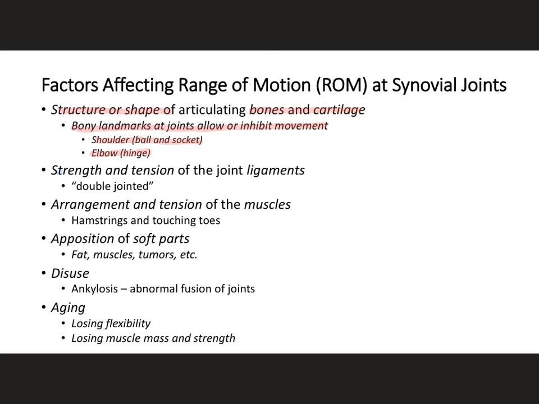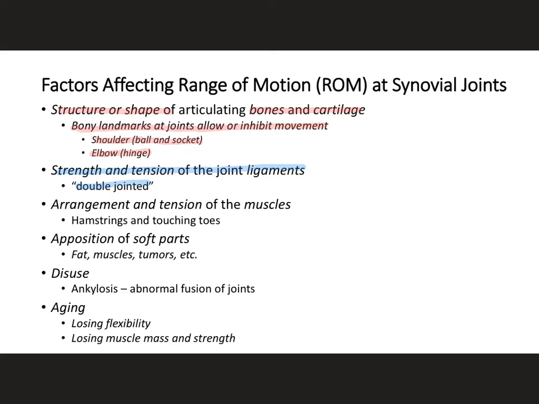Our next thing is the strength and tension of ligaments. If you've ever been told you're double jointed or you know someone who is, it doesn't actually mean they have an extra joint there. It means that their ligaments are loose, and this allows the joint to move outside of the normal range of motion that we would expect. By the same token, if the ligaments are too tight, you'll have a reduced range of motion.